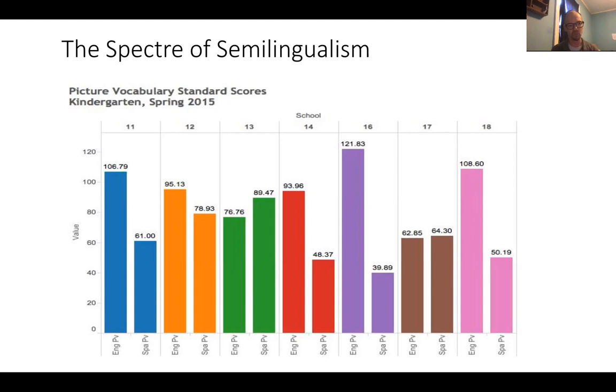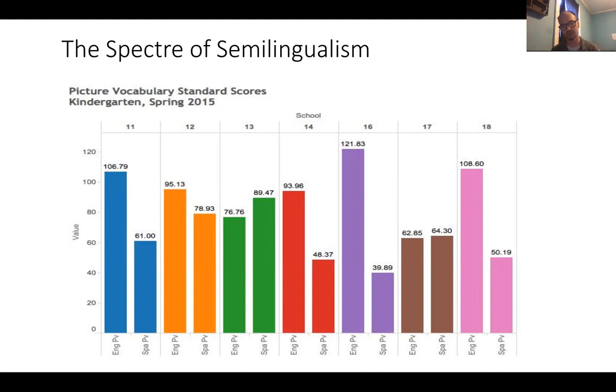So in school 11 or student 11, you have very high English, very low Spanish, right? In school or child 12, you've got average English, low Spanish. In school or child 13, you have low English and average Spanish. 14, you have average English, low Spanish. 16, you have super high English, super low Spanish.